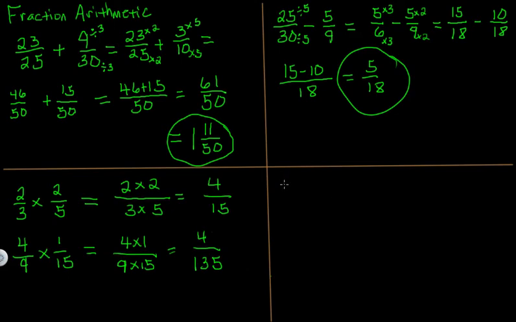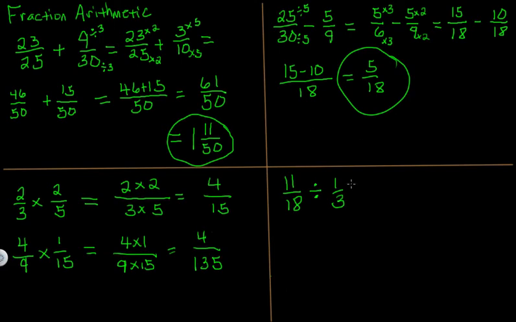Okay, now let's say we are dividing fractions. What do we do then? So let's say we have 11/18, and we want to divide it by 1/3. Well, all we have to do is turn this into multiplication by remembering the rule, and the rule is that division is equal to multiplication by the reciprocal. What does that mean?